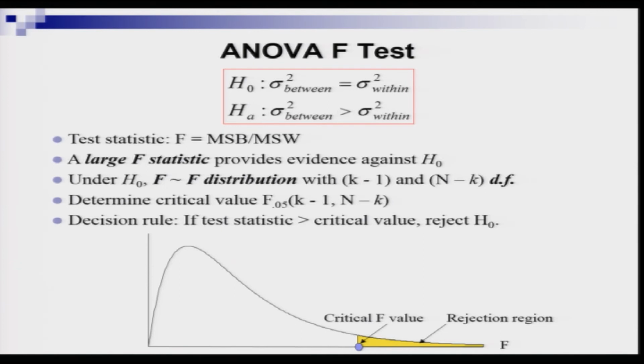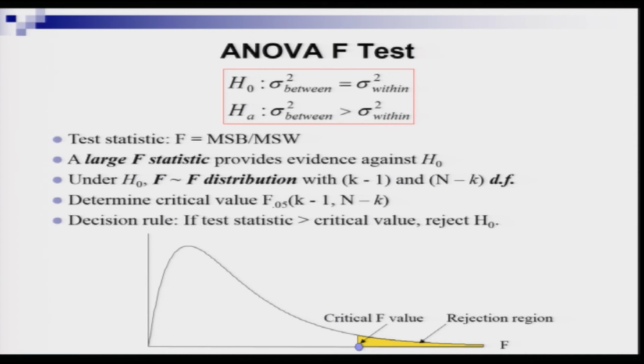F values are measured along the horizontal axis, and along the vertical axis we are measuring the probability values. Suppose from the table we got a critical F value, and here I have plotted that critical F value by drawing this blue circle.